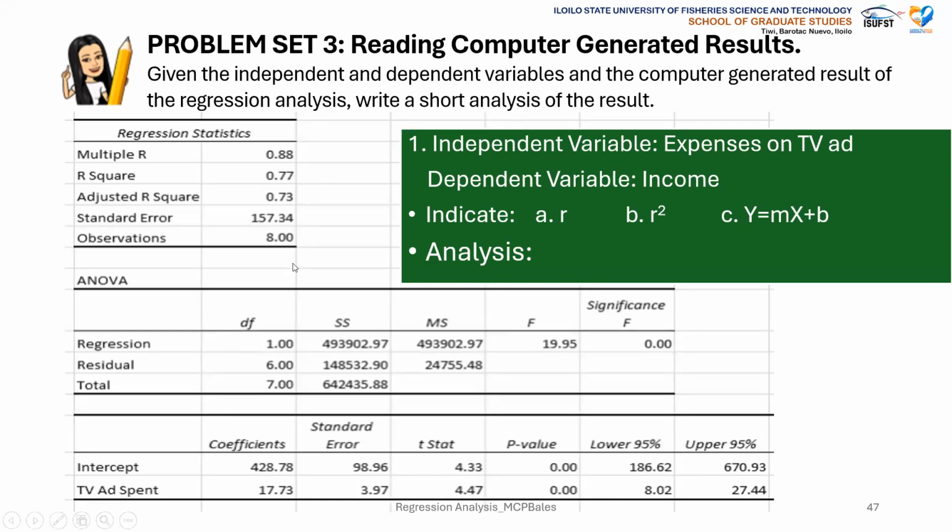Very good. Should it be positive? Should we write positive 0.88 or negative? Positive. Very good. How come positive? Because the coefficient here for the TV ad spend is positive, so it's understood to be 0.88. What about R squared?